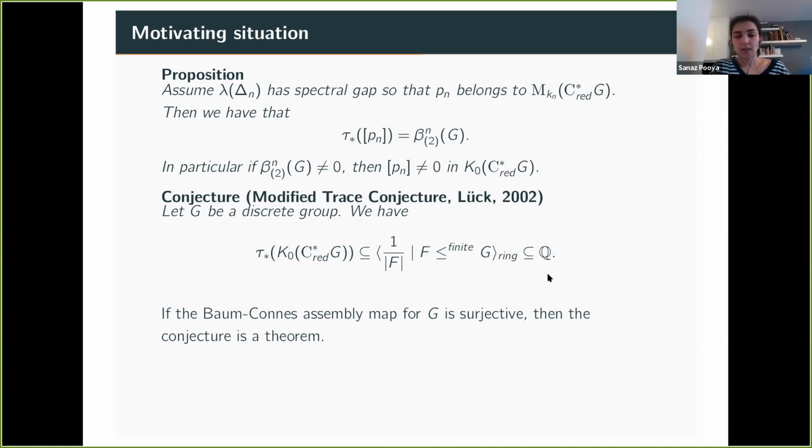And maybe a remark on the word modified in modified trace conjecture that I would like to make here is that, in fact, Baum and Connes conjectured in the original article that such values would lie inside the group generated by these numbers.